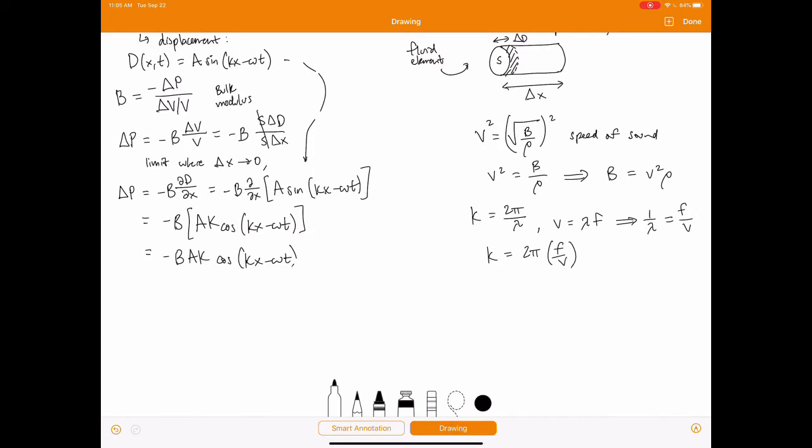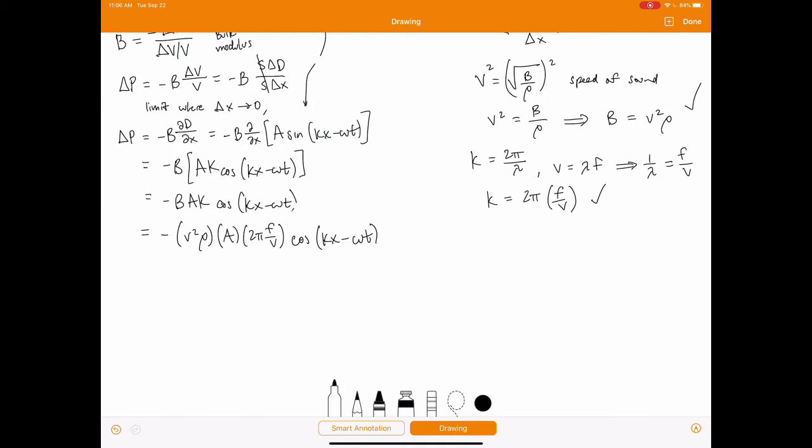So I'm going to make this substitution for B, and I'm going to make this substitution for k, and then we'll see what comes of that. So I have minus B, which is v squared times rho, times the amplitude A times k, which is 2 pi f over v, times cosine(kx minus omega t).